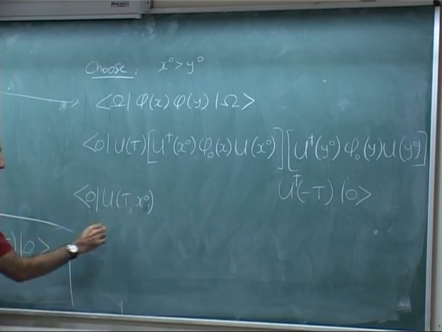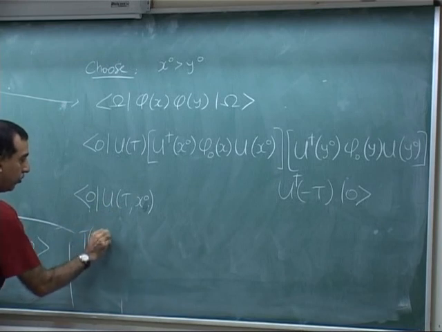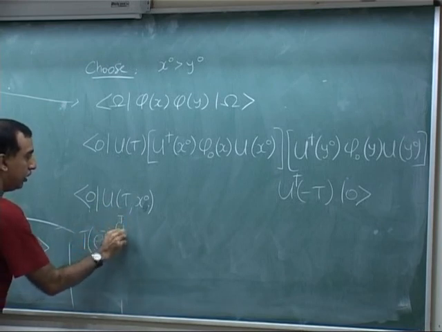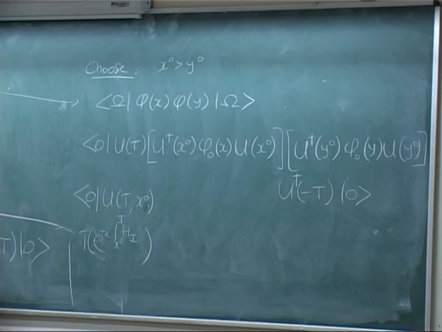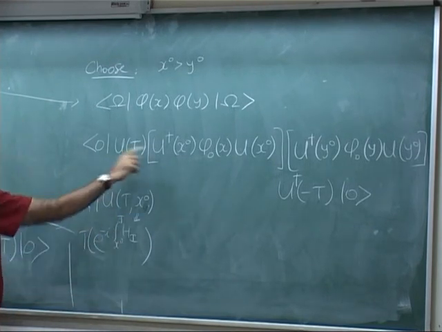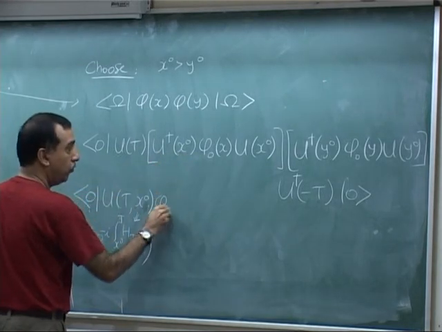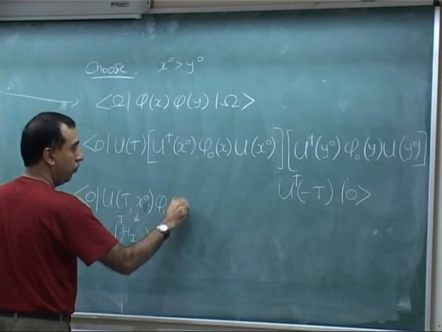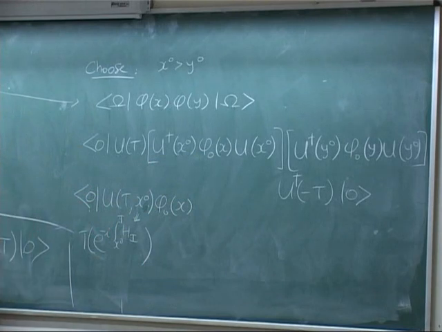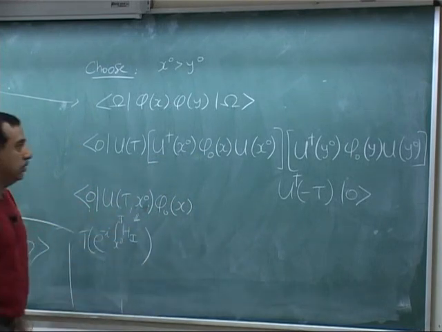Remember the definition? This is the integral from x naught up to t of H interaction. Then I have phi 0. Phi 0 is a local field. So phi 0 is at a particular time x naught and space also x.